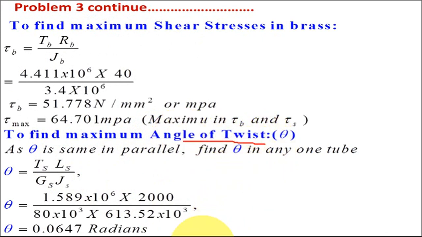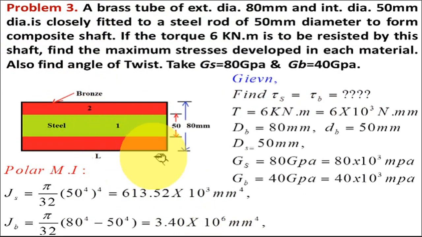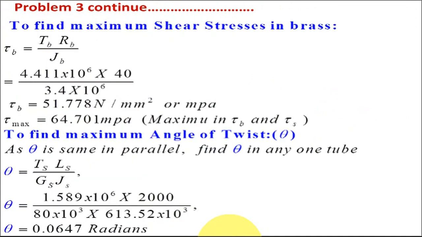Now when the shafts are in parallel, we know that the angle of twist will be the same, theta 1 equal to theta 2. It means there is no need to calculate theta separately for each bar. You find out theta for any one bar, either for steel or for brass, and you will get the same value. So here I have used the theta term for steel.